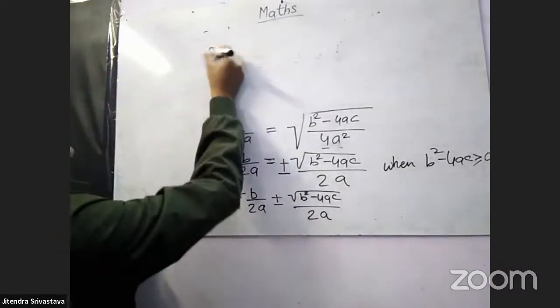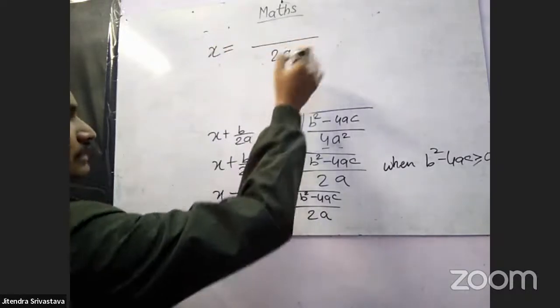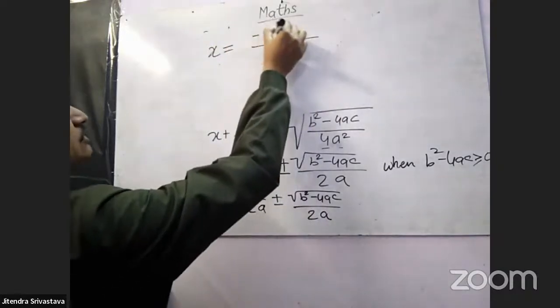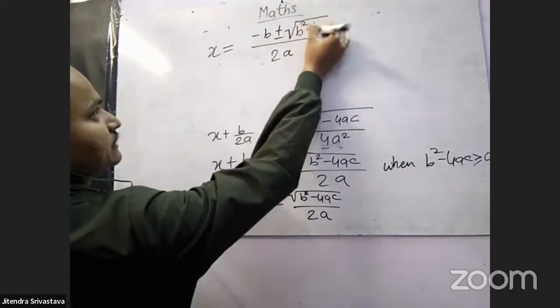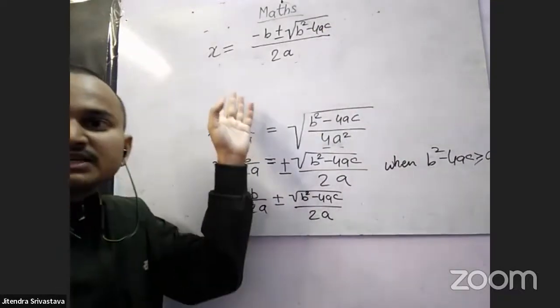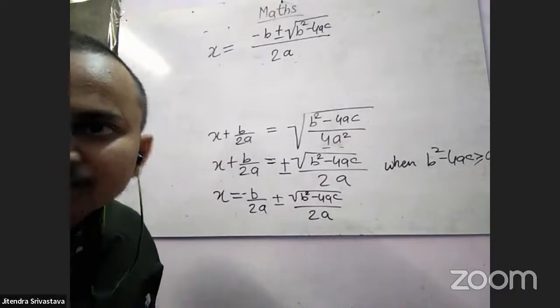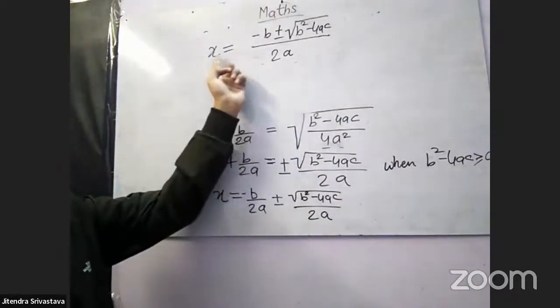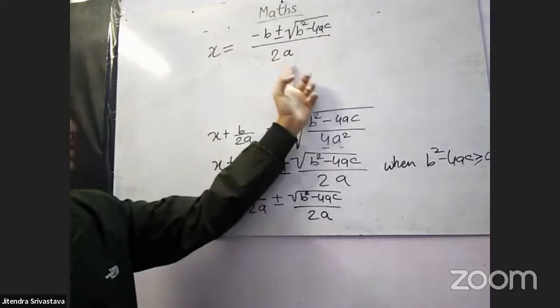So I am writing here x equals 2a and minus b plus or minus square root of b square minus 4ac. So this is the formula of Sridharacharya. I hope it is visible to you all properly. The formula is x equals minus b plus minus square root of b square minus 4ac upon 2a.